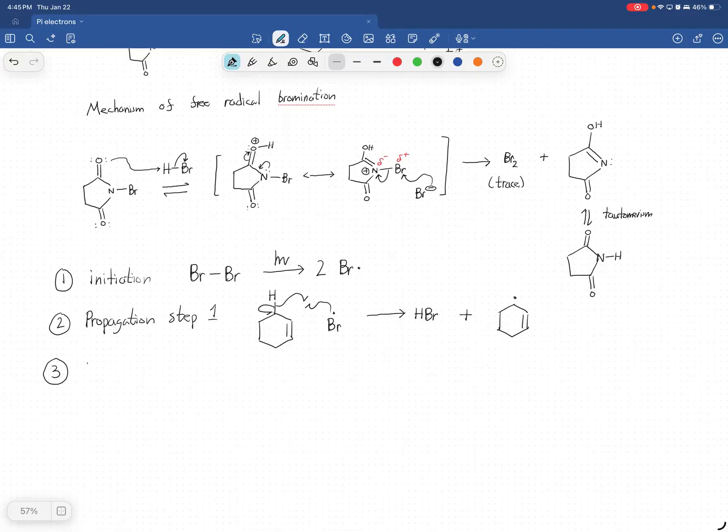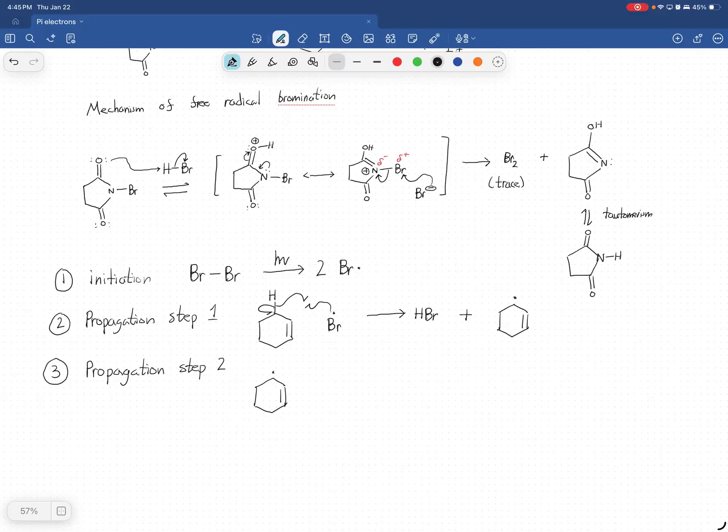But what is this carbon radical going to grab? In this case. So what do you think this radical is going to attack next?